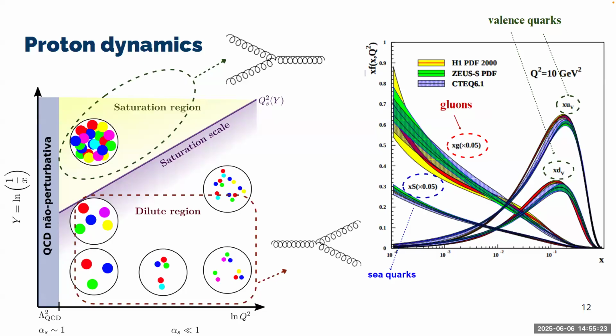Okay, why am I saying this? Because the collinear factorization and the evolution of the DGLAP equation are linear effects. So when you use, for example, DGLAP, it is going to evolve this way, right? And BFKL is going to evolve this way. But they are linear. They predict that 1 goes to 2.